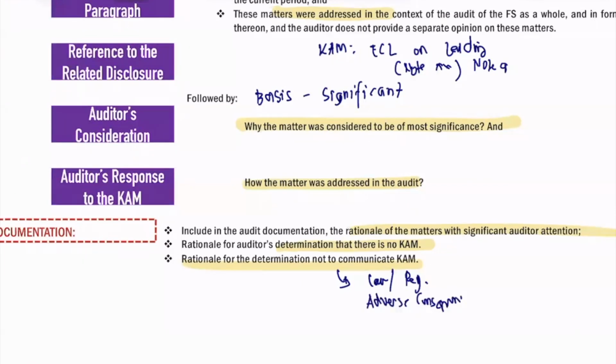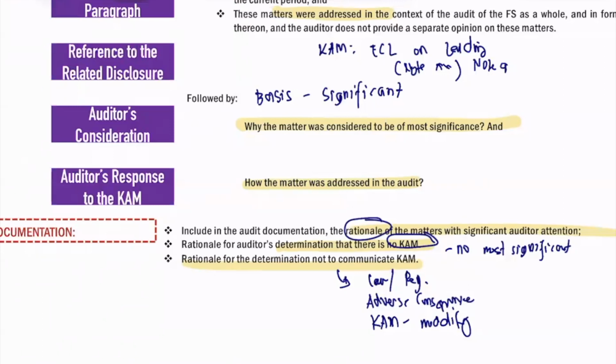And lastly, if the key audit matter is proper to modify the opinion instead. So we don't communicate the key audit matter in those cases. And if there is no key audit matter, in short, there is no most significant, then you just explain why there is no most significant item. And lastly, if there is a most significant, then you state the rationale why you considered it as most significant.